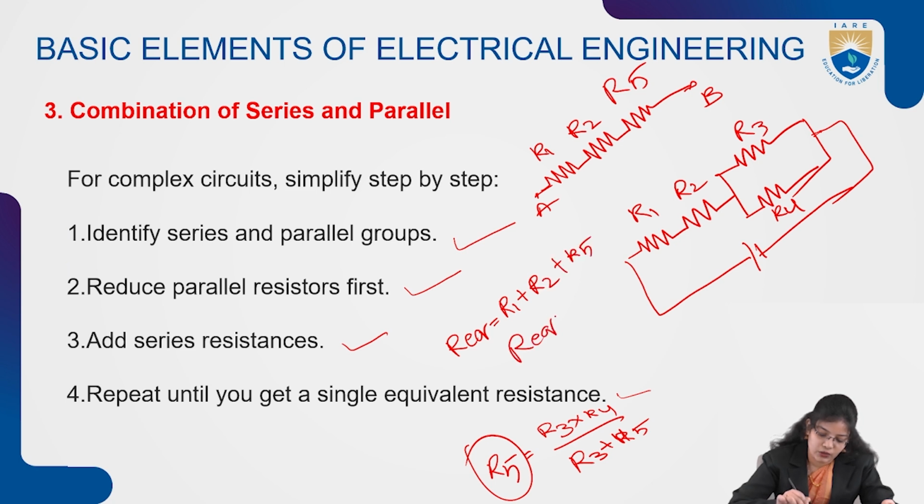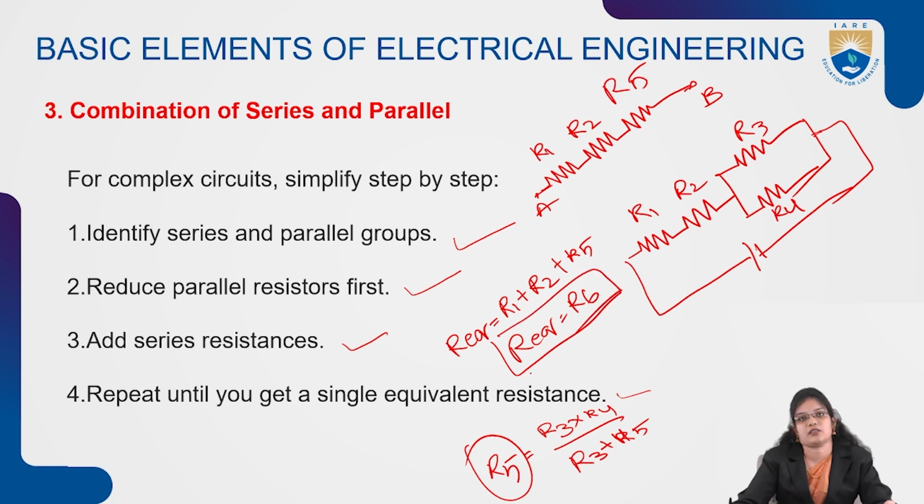Then we'll get a value which is taken as R6. So the R equivalent will be denoted with R6. So in this way, first we have to identify the parallel circuits and then we have to add the resistances which are connected in series and repeat these steps until we get an equivalent resistance.